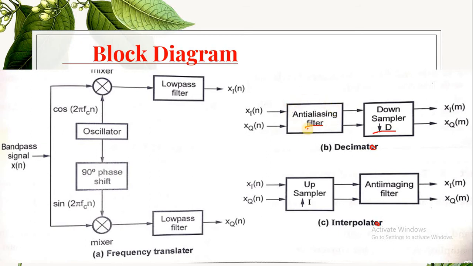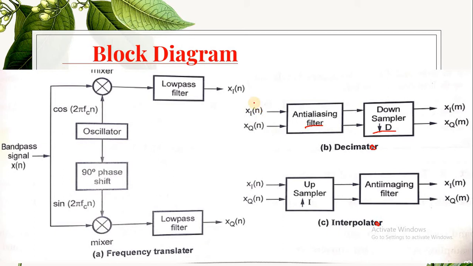Why do we use an anti-aliasing filter? In the case of downsampling we have one drawback, that is the aliasing effect. In order to reduce that effect, we use one filter before the input of the downsampler, called the anti-aliasing filter.